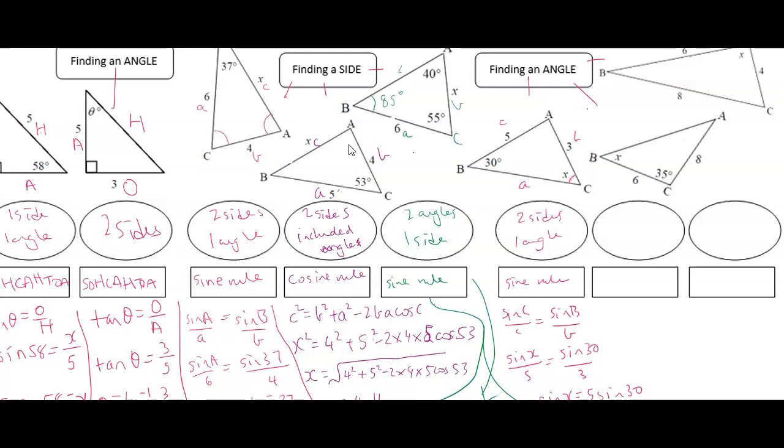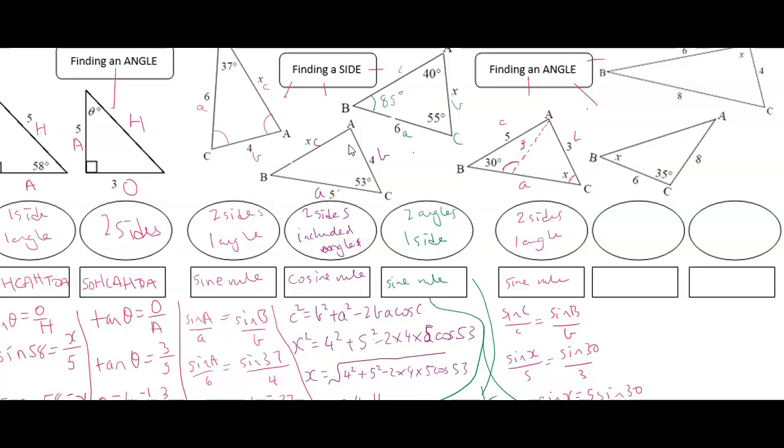but you should be aware that this could also be the ambiguous case of the sine rule. So I want to show you here how that works. If I redrew this triangle down here, and this side was 3, it would be an isosceles triangle, two sides are the same. That means we would be working out this angle here.